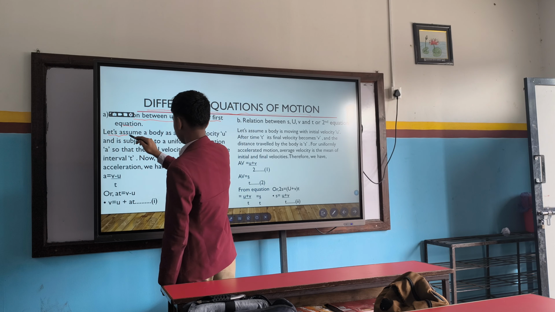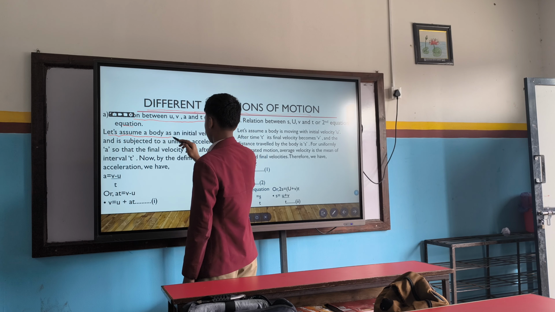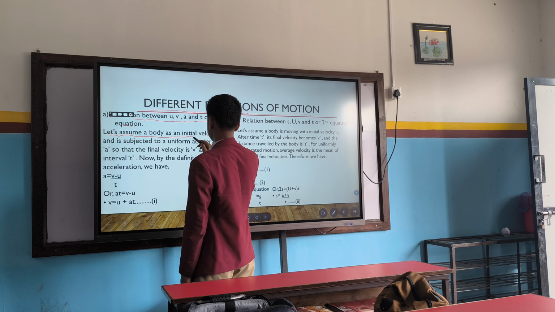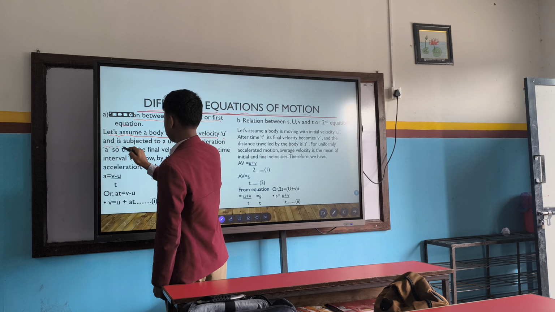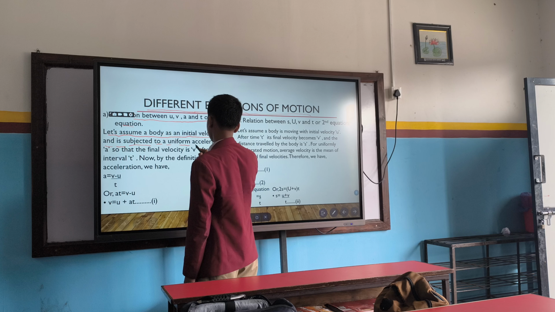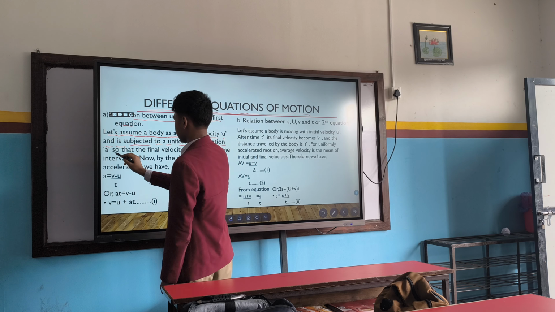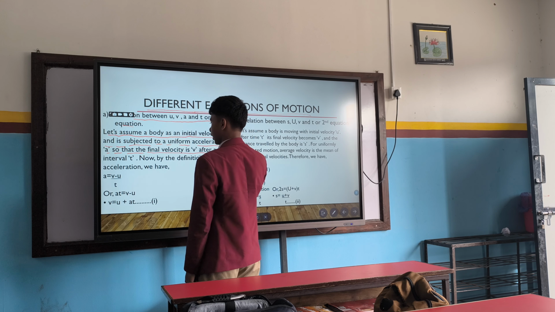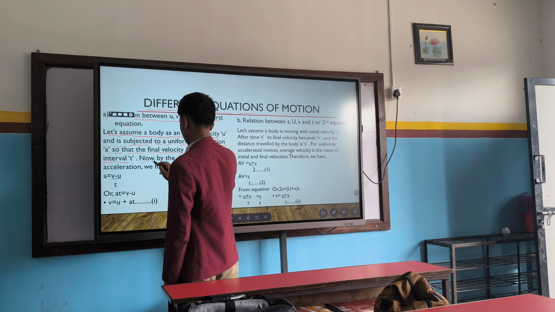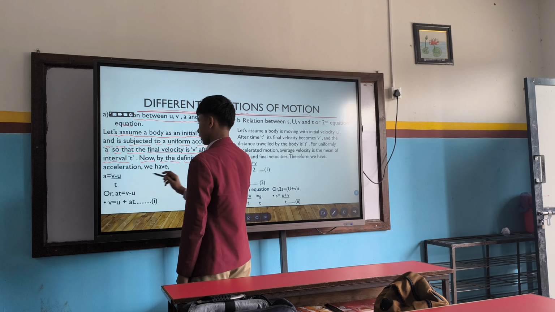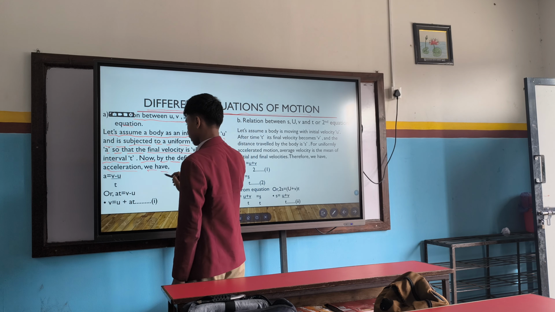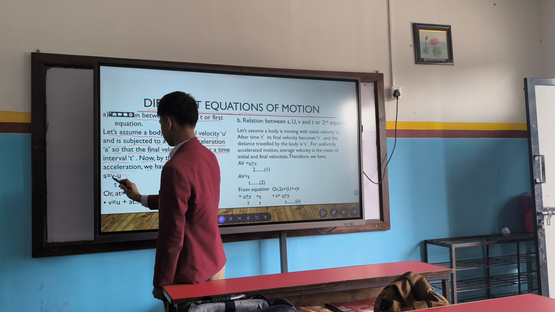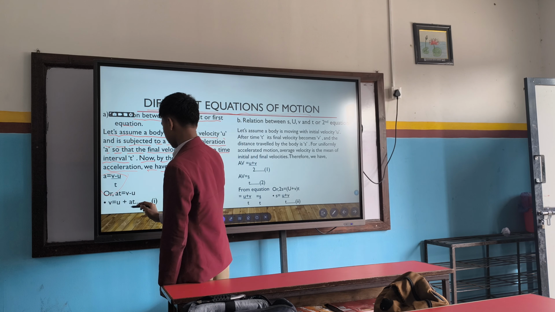Let, as shown, a body have an initial velocity u and be subject to a uniform acceleration a, so that the final velocity is v after the time interval t. Now by the definition of acceleration we have a equals v minus u by t, or at equals v minus u, and v equals u plus at.